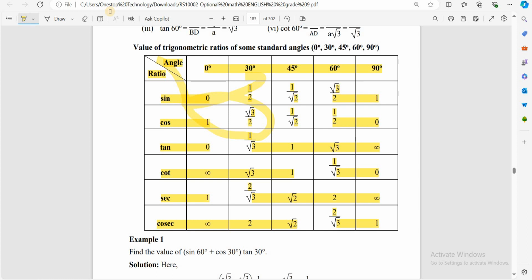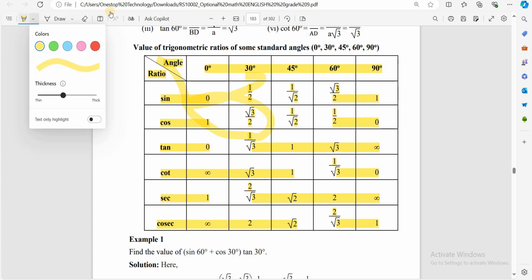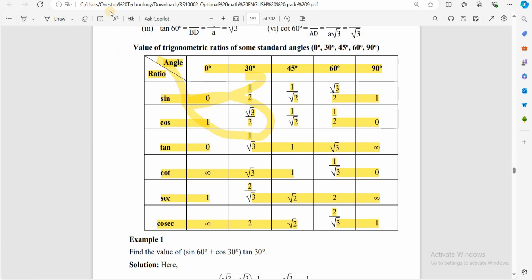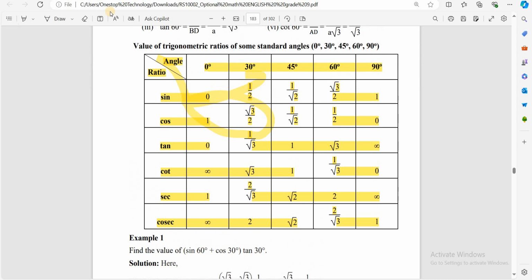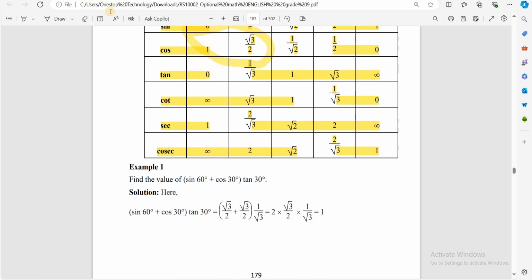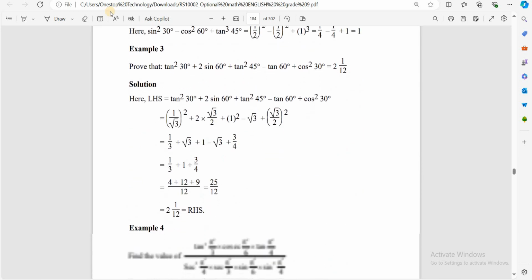Try to draw it on a paper and you can put it in front of your table at home, so that you can see it throughout your learning days, and you'll memorize it subconsciously. That's what I would suggest to you.